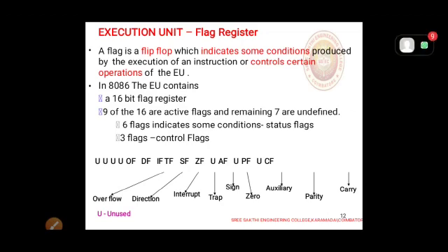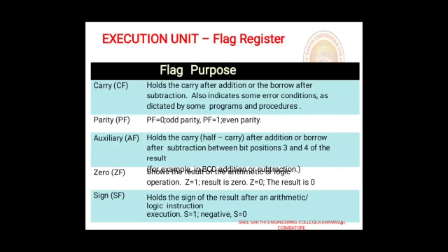Here it has the overflow flag, direction flag, interrupt flag, trap flag, sign flag, zero flag, auxiliary carry flag, parity flag and carry flag. The carry flag is set when the output of an arithmetic operation has a carry bit at the MSB.